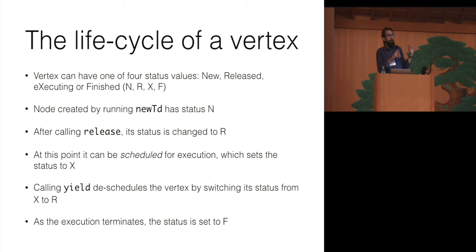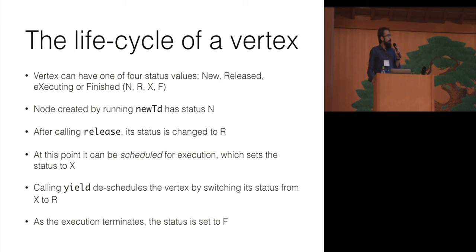So in order to ever start executing, the vertex first needs to be released. A vertex that is just created is not considered ready to be executing. It's got to be released using the release command, and then it transitions from the new state to the released state. At this point, if the vertex is released, it can be scheduled by the scheduler non-deterministically and transition into the executing state, but only if it doesn't have any dependencies at that point.